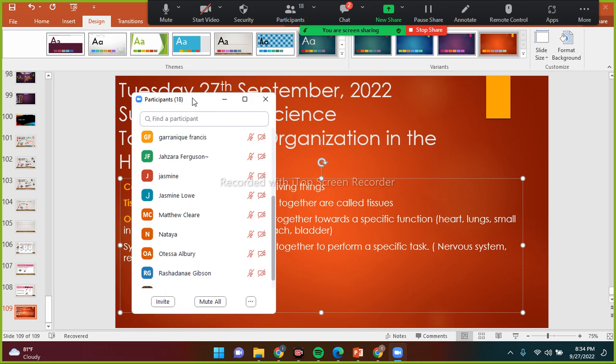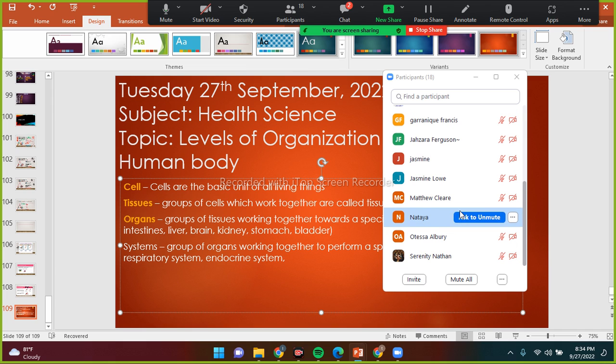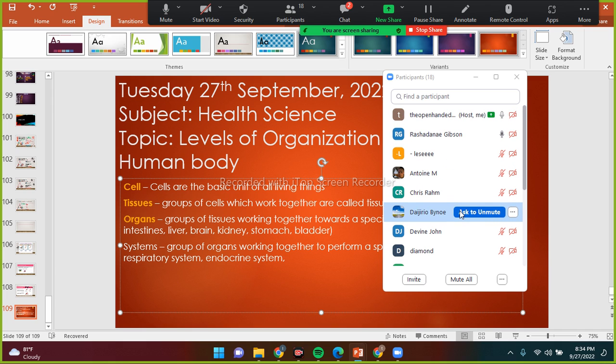Natalia Watson, give me an example of a system in the human body. Endocrine. Yes, endocrine system. Very good. Reproductive system. Very good.